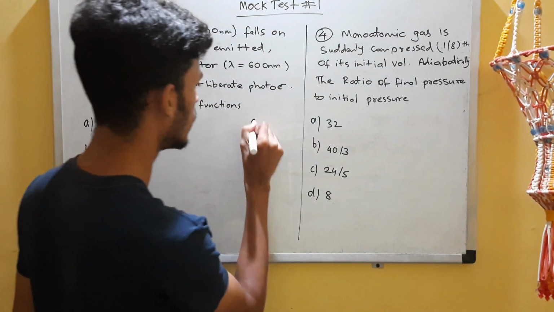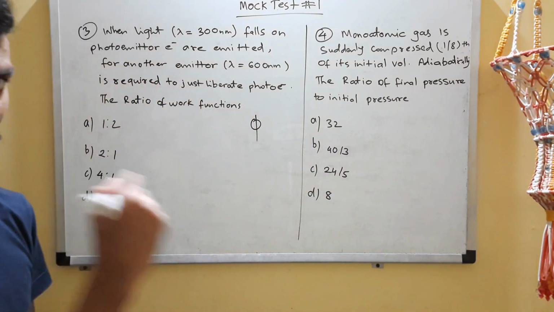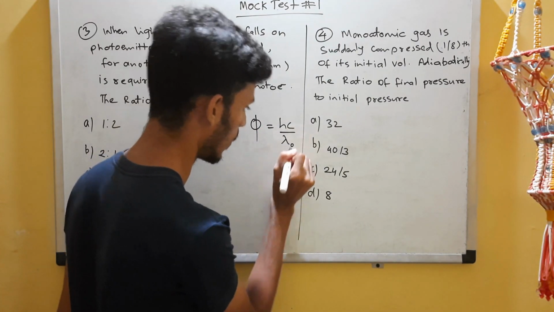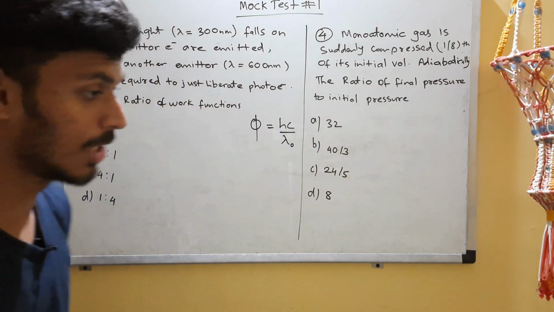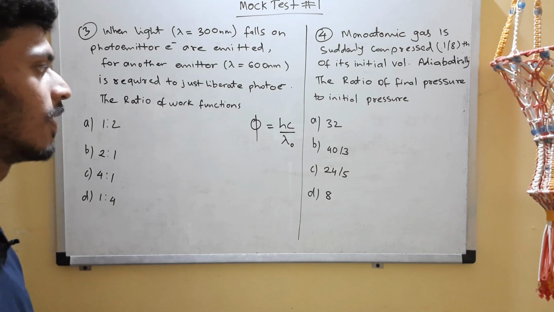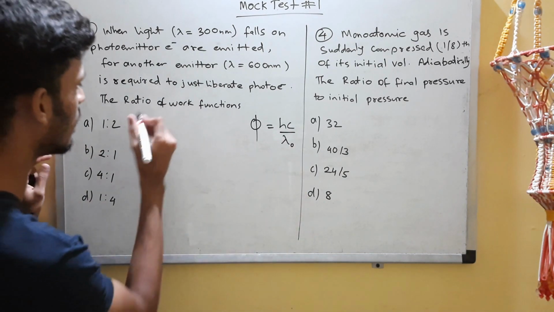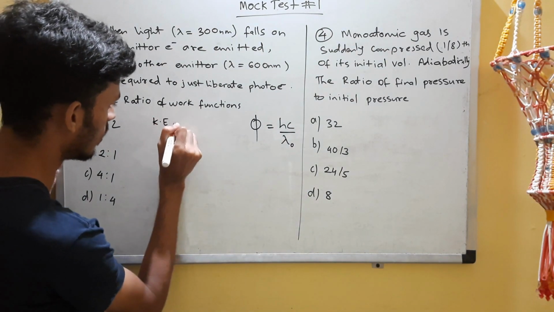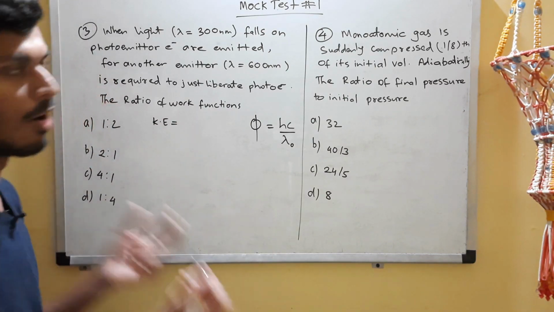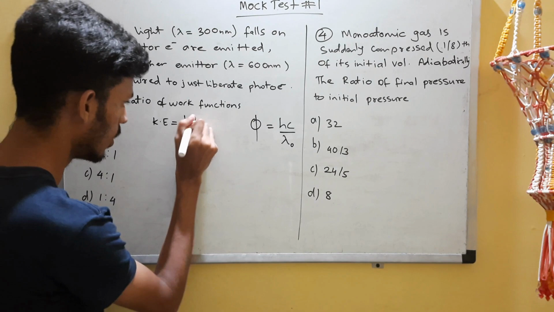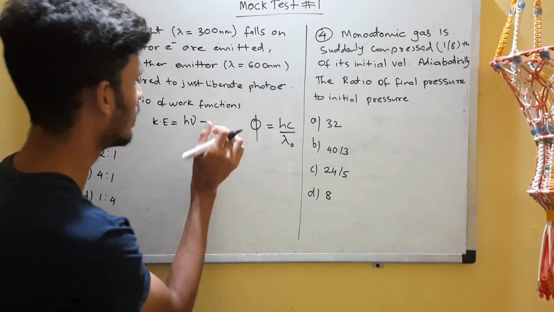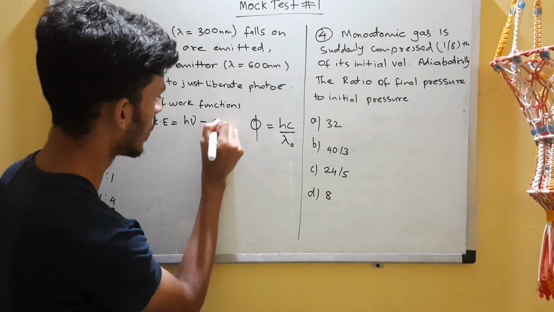Now it's very simple. If you know the formula for work function phi, it is given as hc by lambda naught, lambda naught being the threshold wavelength. Where does this come from? It's very simple. You might know Einstein's photoelectric equation: the kinetic energy of the photoelectrons is h nu, the energy supplied by the radiation, minus your work function.